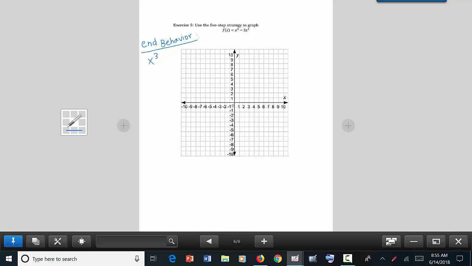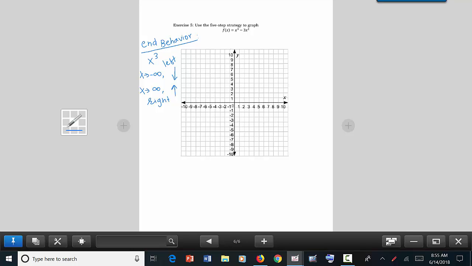If x goes to negative infinity, multiplied 3 times, negative times negative times negative, so negative, it is going down. On the left, it is going down. If x is positive infinity, positive, if you multiply 3 times, positive, so it is going up. So on the right up, left down. So we find the end behavior.